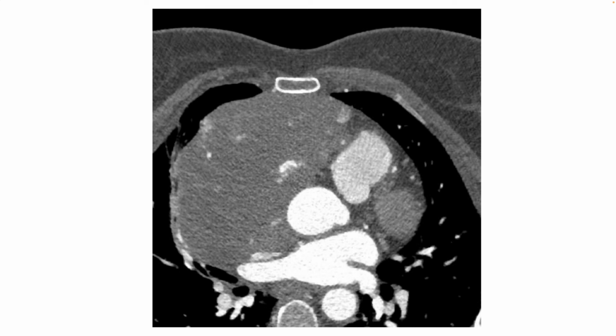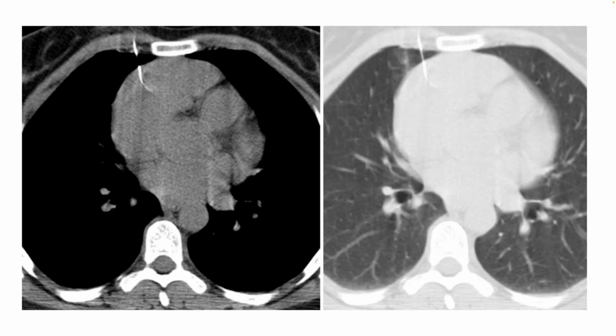It's significantly compressing the SVC, as well as the right atrium and the AV groove. So differential of lesions in the AV groove. Does anyone want to provide a differential?